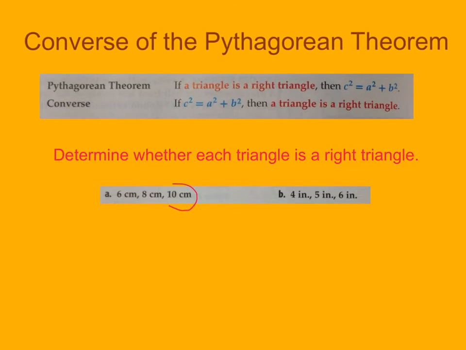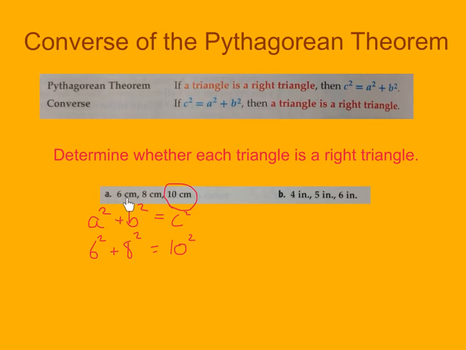Okay, so here's the first thing we look at. We know that the longest length of a right triangle is the hypotenuse. So this 10 centimeters right there would have to be the hypotenuse. So now let's plug these numbers into the Pythagorean theorem and let's see if it works out. So I plugged my two legs in here. Doesn't matter which one I use for a or b.